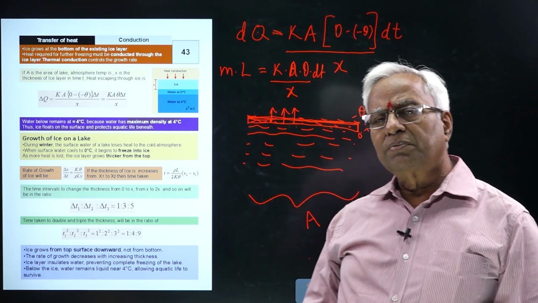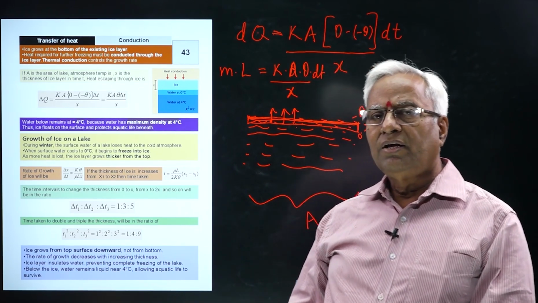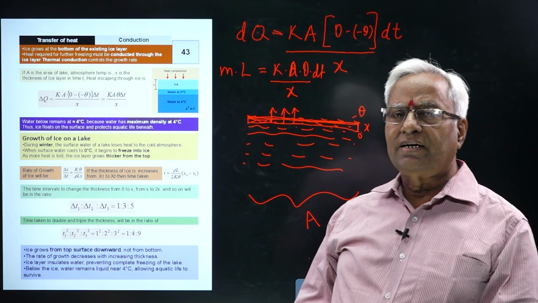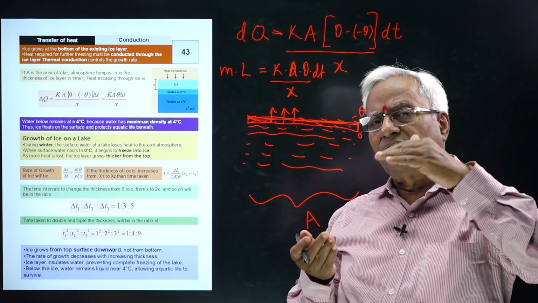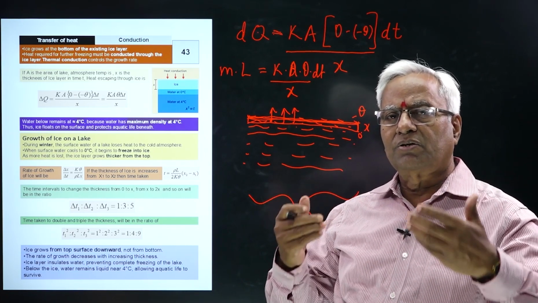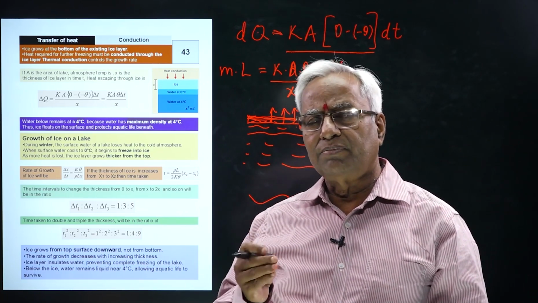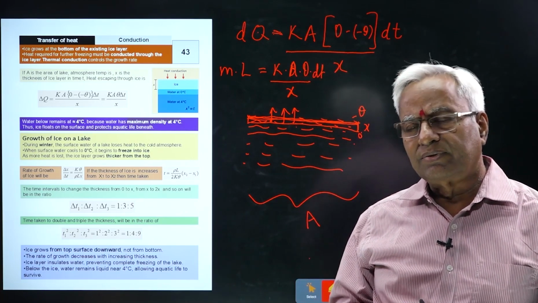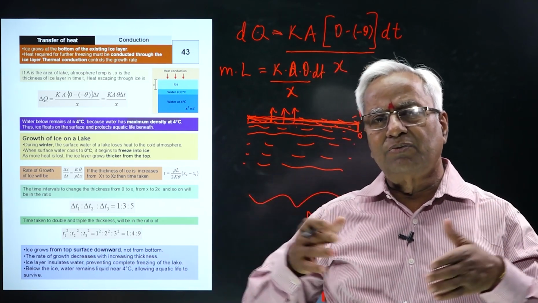Whatever the temperature, there are no historical evidences of the entire lake having frozen, because as the thickness of the ice layer goes on increasing, the rate of freezing of the lake becomes slower and slower, and there is no example when the entire lake was frozen.